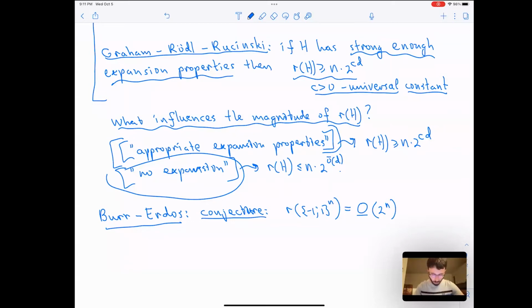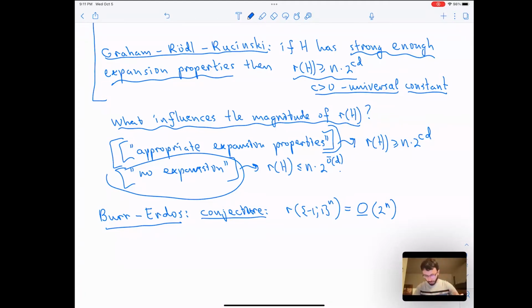Okay, and there has been some work on that problem, as well as on more general questions that comprise this problem as some specific instance.